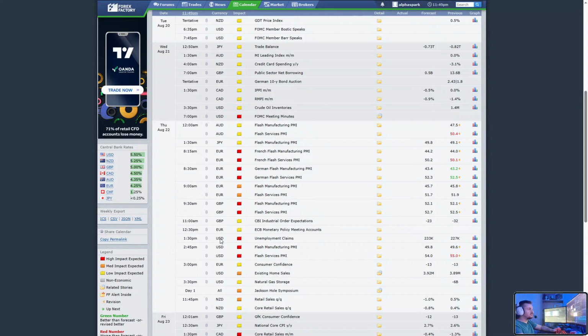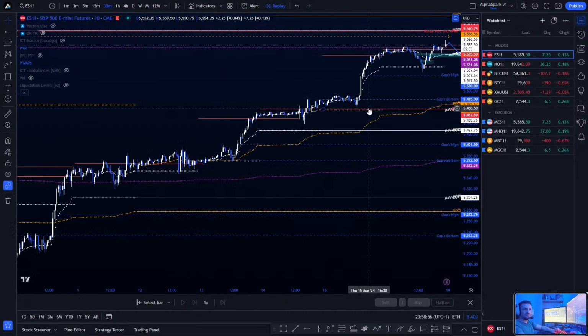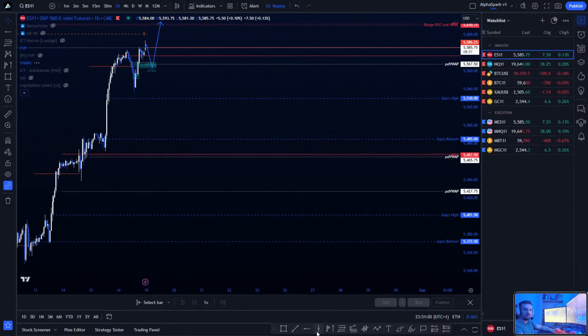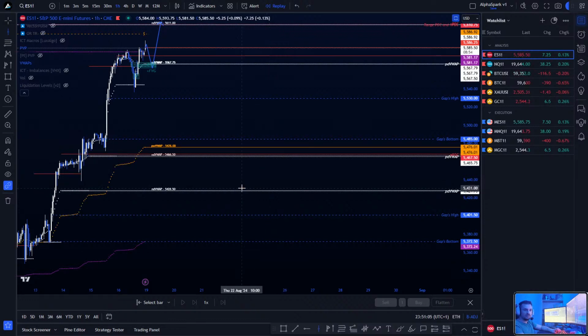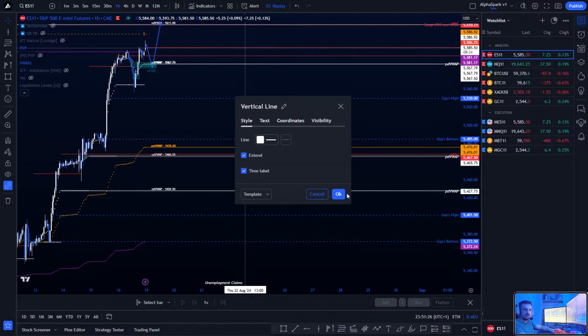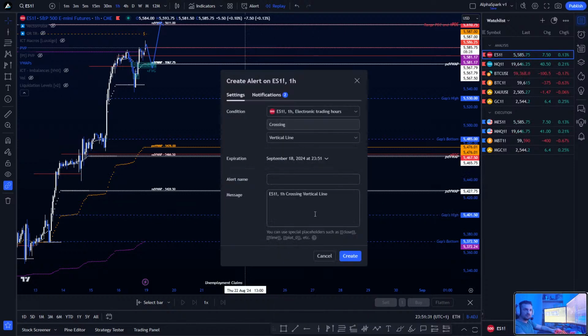So I'm gonna put a line, a vertical line, on Thursday at the time of news. Unemployment claims. And set an alert for that, just to not forget.